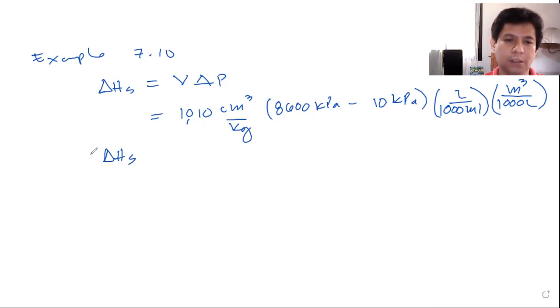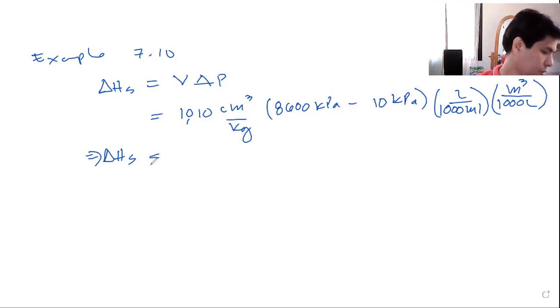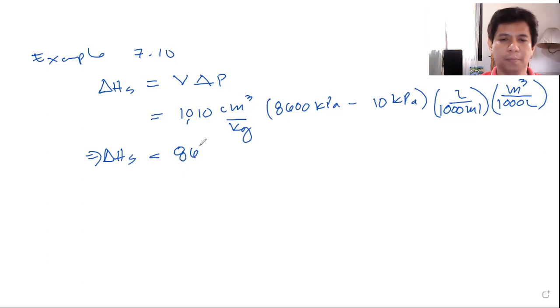This is actually delta HS. But this is only the isentropic work, so you will still use the efficiency equation. We're supposed to get something like 8,675.9 joules per kilogram.